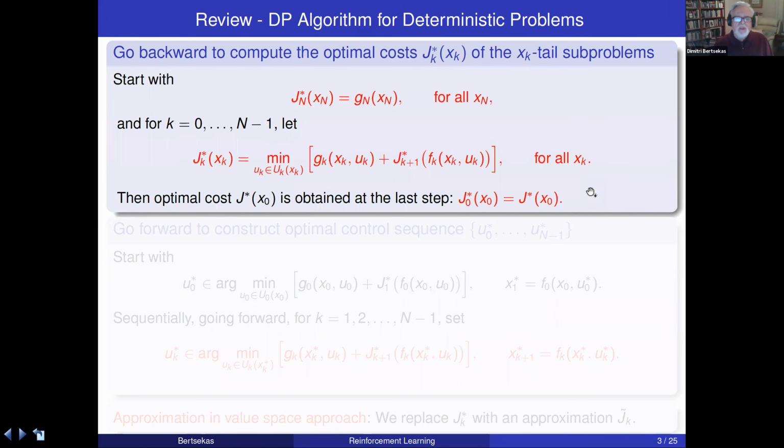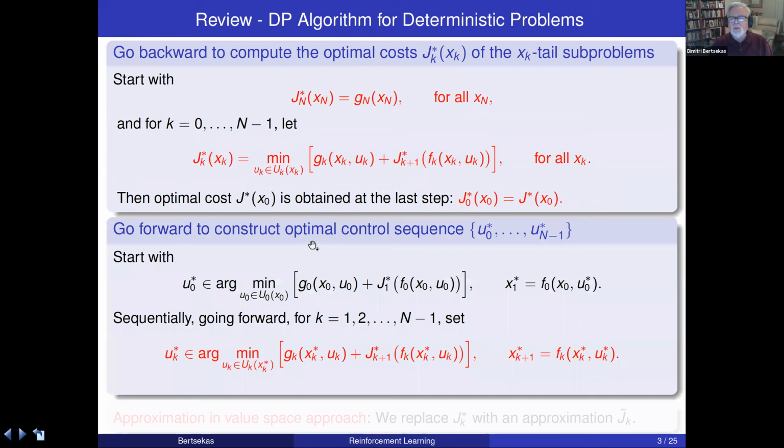So now once we have the J stars, we can construct an optimal control sequence by going forward. At the initial state, we do this calculation, obtain u0 star, the first component of the optimal sequence, then the new state is generated, x1 star, and we continue to go forward until we build up this entire sequence of optimal controls.